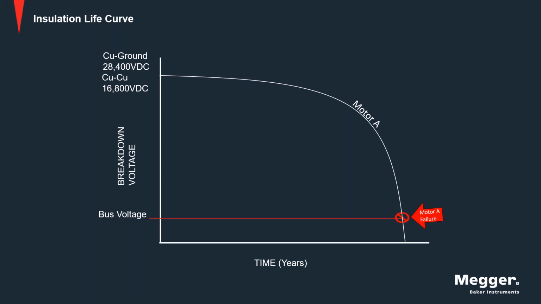So the numbers you see there, 28,400 volts DC, copper to ground, copper to copper between turns is 16,800. This is for a 460 volt motor. So it starts out much higher than bus voltage. But as we know, as that motor starts to be used, you put it in service, it starts to age.